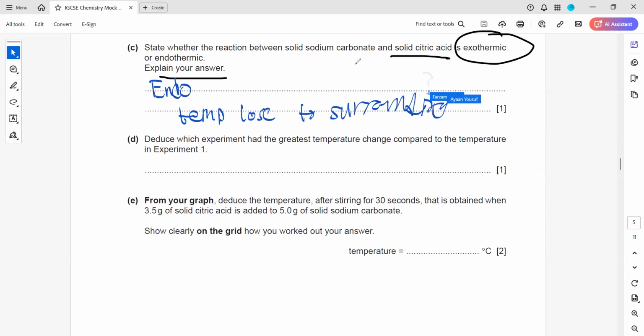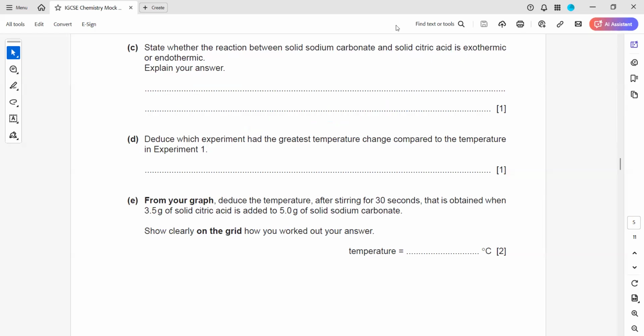It's an endothermic reaction because the temperature of the surrounding decreases. Not temperature loss, that's not the right term to use. Temperature decreases. Don't say temperature loss to surrounding, which is not at all a right term.